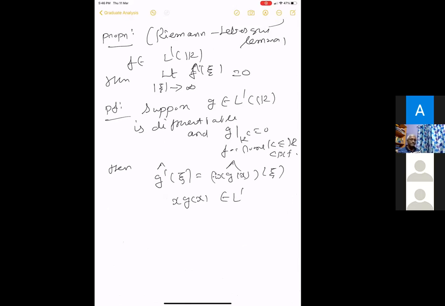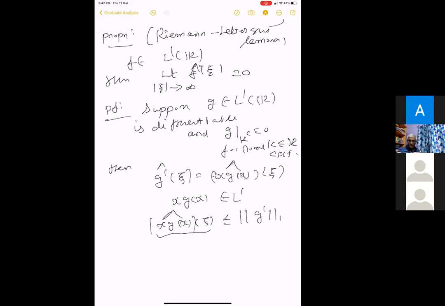Because of that, the transform of xg(x) exists, and we know that its modulus at ξ is less than or equal to the norm of g prime.